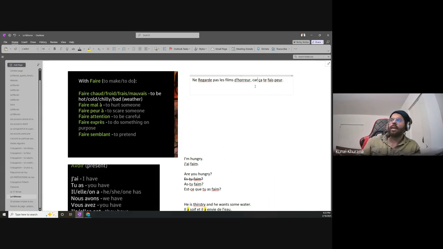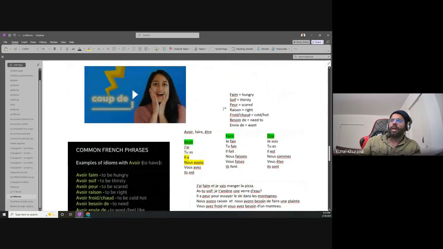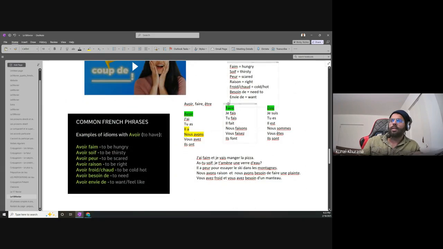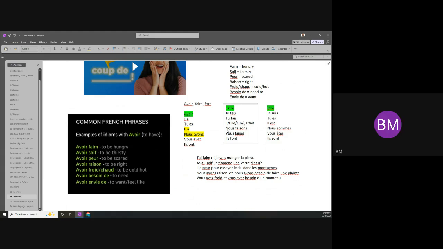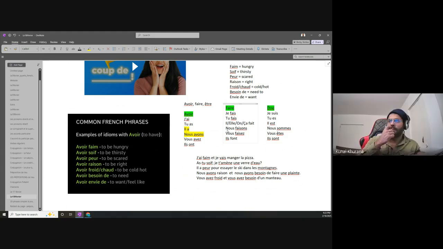Car ça te fait peur. Ça, c'est comme troisième personne au singulier. Encore une fois, on va regarder la conjugation de faire. C'est ici. Donc ça peut être il, elle, ça peut être on, ça peut être ça. Ça marche pareil. C'est bon?